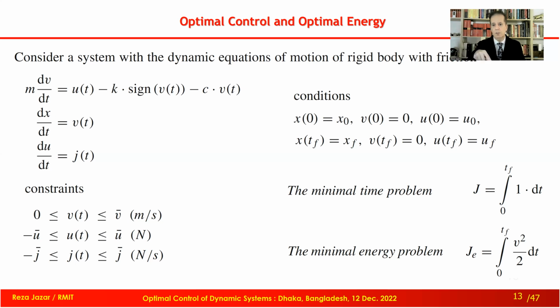Now, if that integral is over dt, the integral of dt would be t, so it means total time is supposed to be minimized. If it is energy, if you assume that energy in this system is about kinetic energy, for example, then the integral of 1/2 m v squared dt is the integration over energy.